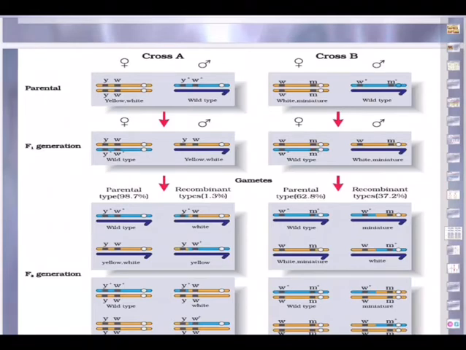And this Y and W, whenever there is a plus, that is dominant gene. Y plus, W plus is dominant over simply Y and simply W. So the parental combination, we have taken two chromosomes with having genes Y for yellow, W for white, and here wild type we have taken.